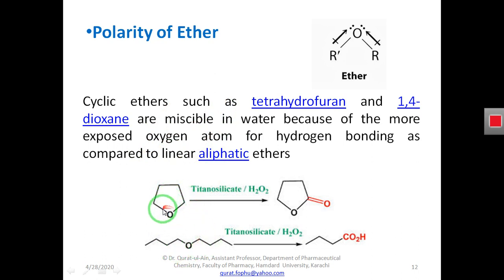Because in the case of the cyclic form, the lone pair of electrons on the oxygen atom is more readily available to form hydrogen bonding with the water molecule.